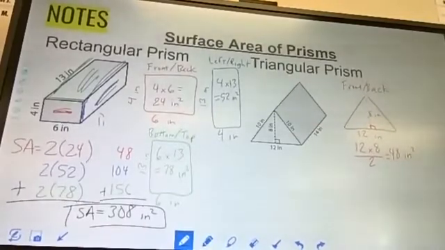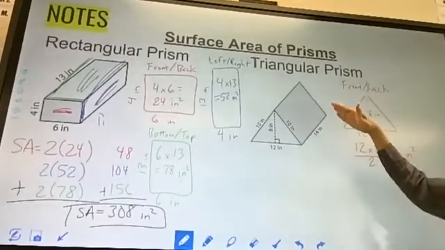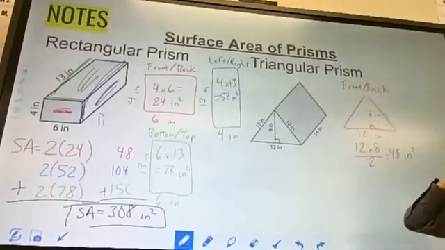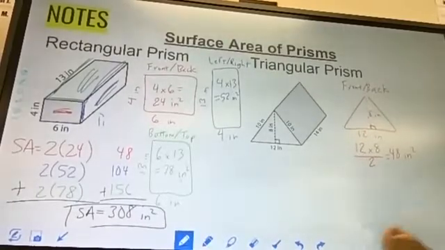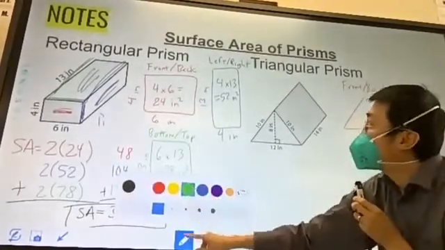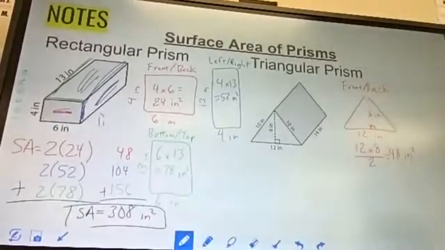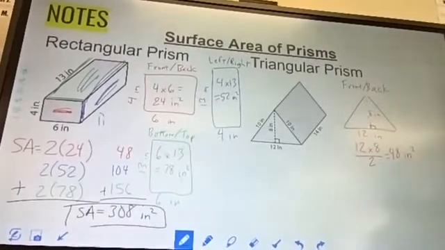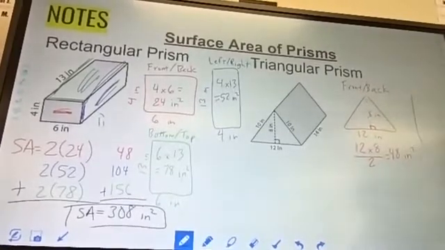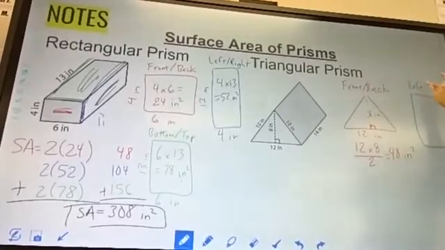Now to find the rectangles, if you look at the left, the right, and the bottom, the left and right are different from the bottom. So we'll use this in blue. Let's put it right here. So left and right rectangles.